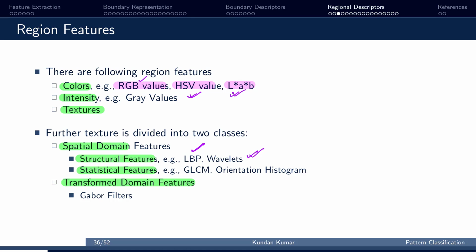So there are many features that we can extract from the images. In the transform domain, the image will be transformed to another domain, maybe using some kind of filtering or Fourier transform or some other transform. That means it will transform from the spatial domain to another domain. The Gabor filter does that; it transforms from the spatial domain to the frequency domain.